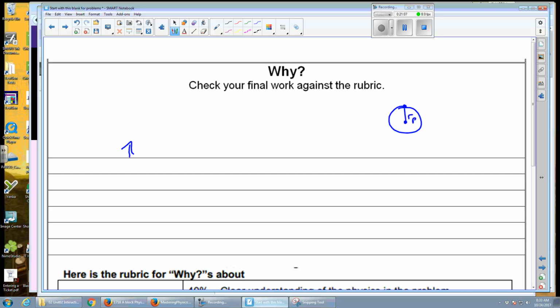But the mass of the planet, in this case Mercury, creates the gravitational field.